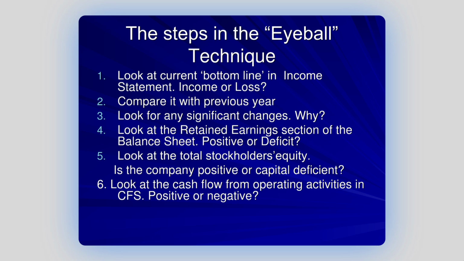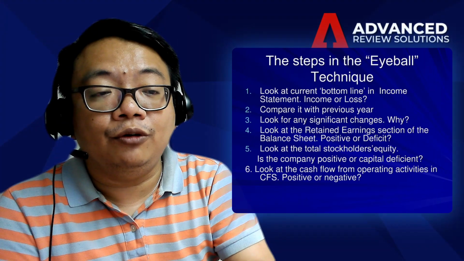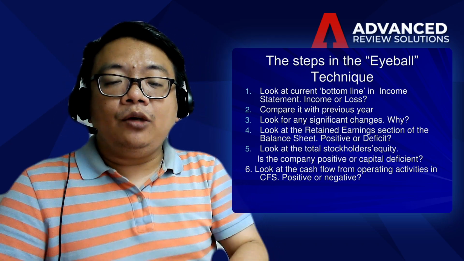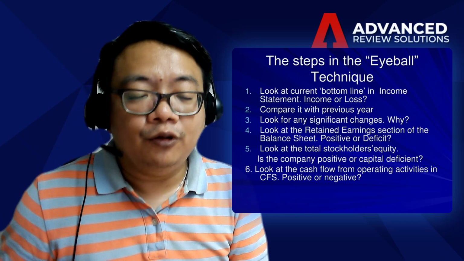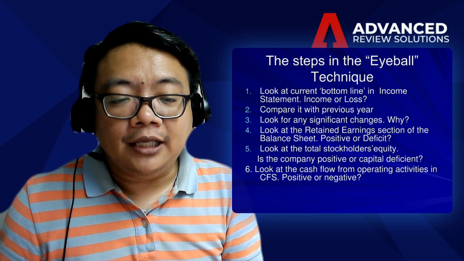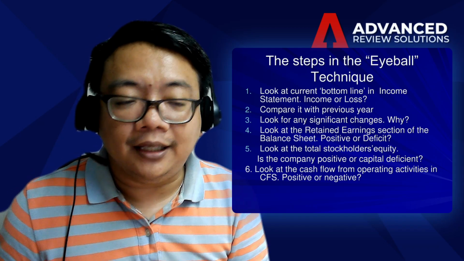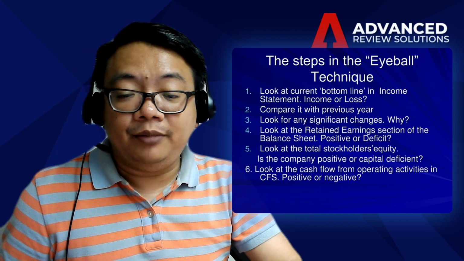And the last one, number six, is to look at the cash flow from operating activities in the cash flow statement. My question, what is cash flow from operating? Meaning to say, it is your day-to-day operations, your operating cycle. Is your cash positive or negative?